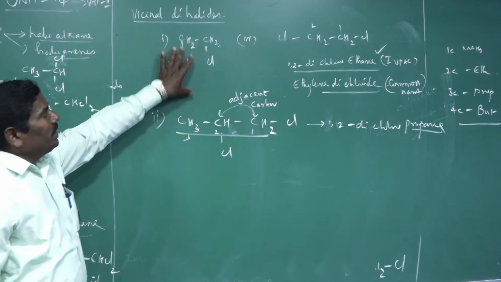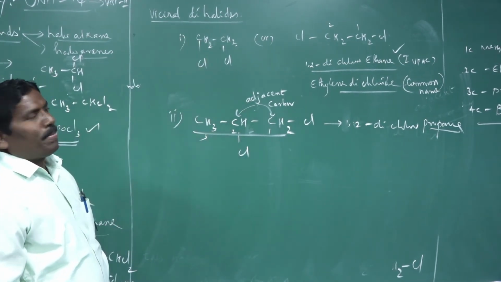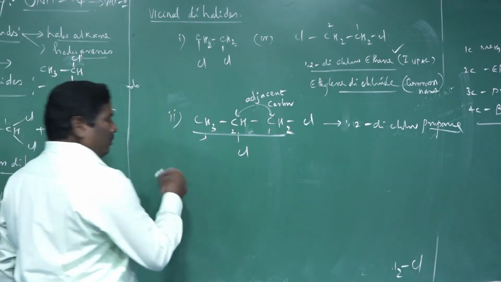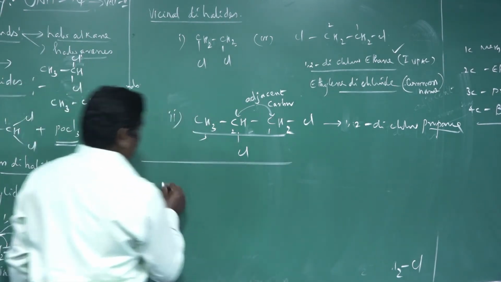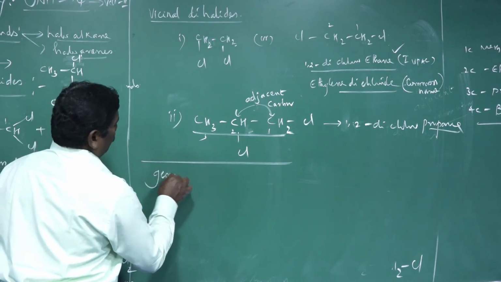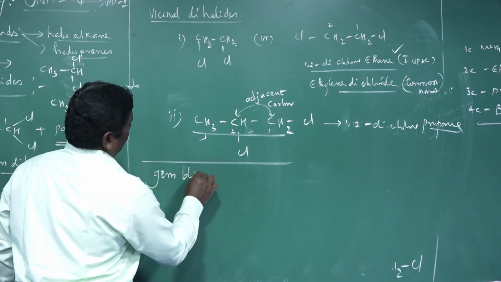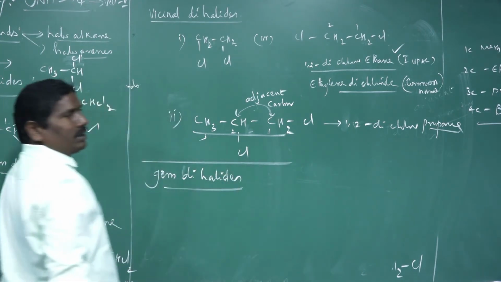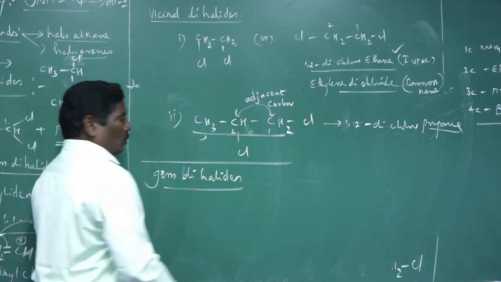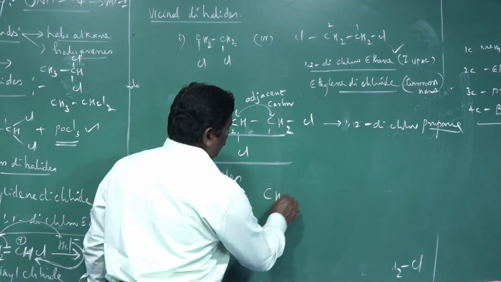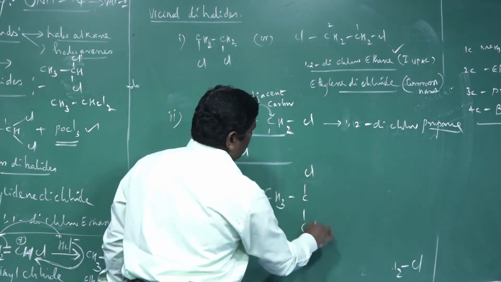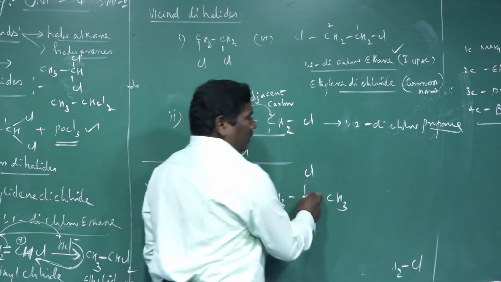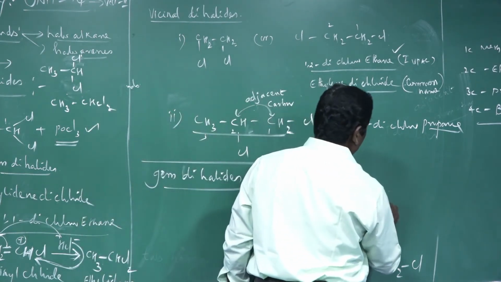So how do we distinguish vinyl halides and gem dihalides? Actually, I am going to give one more example. You see, this is CH3, CCl2, CH3.